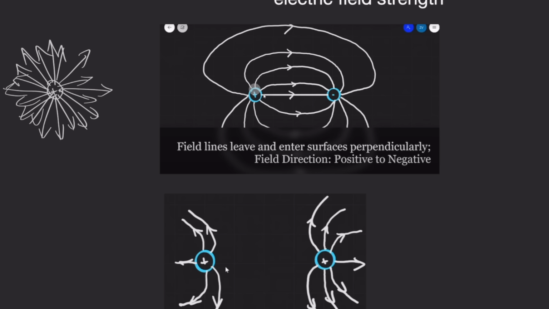And right over here, following this one, it's going to leave at 90 degrees, curve away, and then enter, always from positive to negative at each point. If they were both positive, the field lines will end up cancelling between them. Why is that? Because there will be a field line coming from here in this direction, one from there in this direction, and they're both in the same direction, so they end up cancelling each other out.